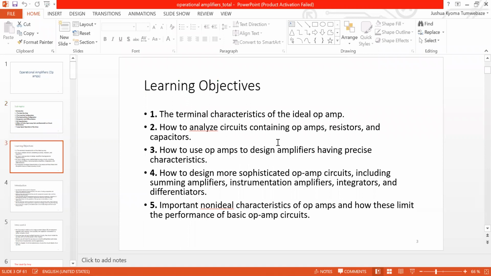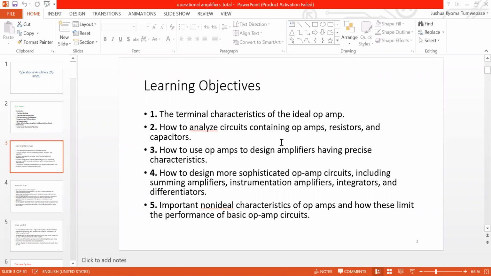The learning objectives. By the time you finish this particular topic, you should have understood the terminal characteristics of the ideal op amp. You should also be able to analyze circuits containing op amps, resistors, inductors, capacitors. You should be able to design amplifiers using op amps.